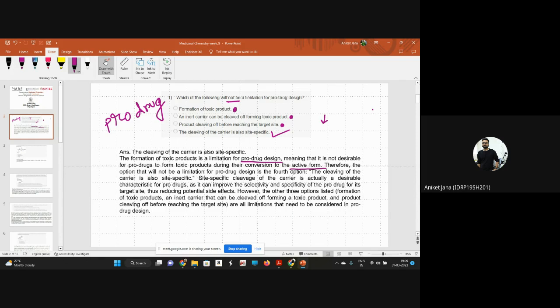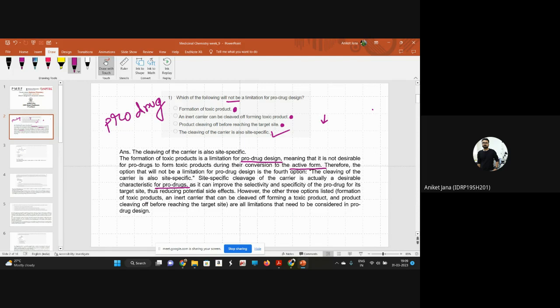Site specific cleavage of the carrier is actually a desirable characteristic of the prodrug, as it can improve the selectivity and specificity of the prodrug for its target site, thus reducing potential side effects. However, the other three options listed are all limitations that need to be considered in prodrug design.